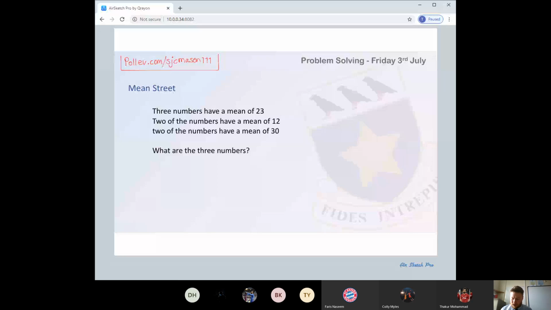If three numbers have a mean of 23, that means altogether the sum is equal to 3 lots of 23. That's 69, isn't it?